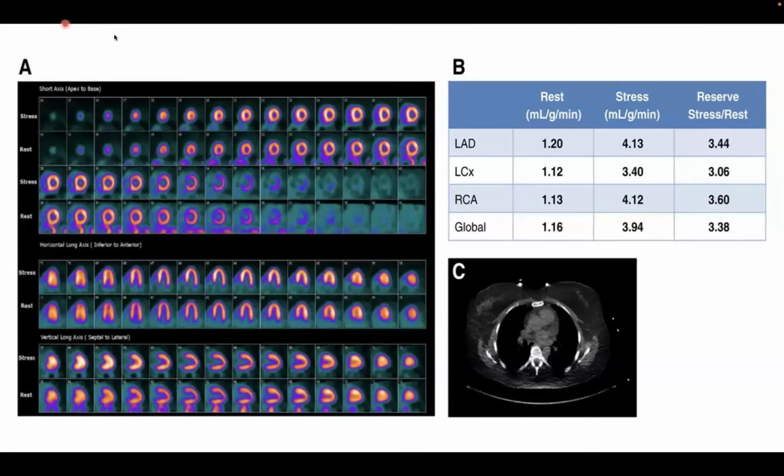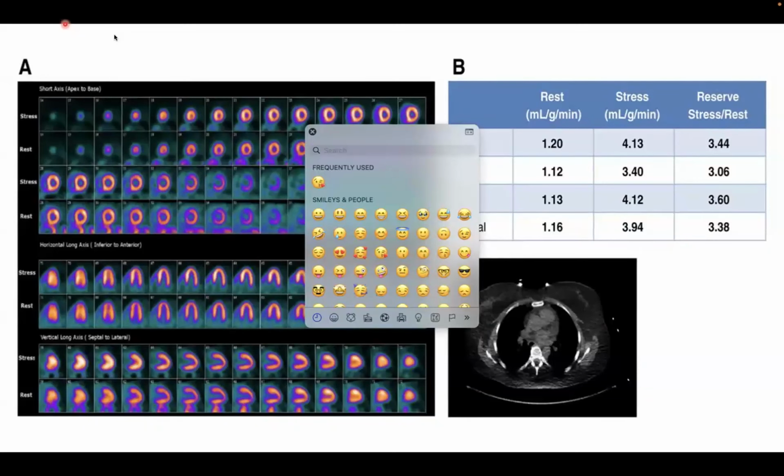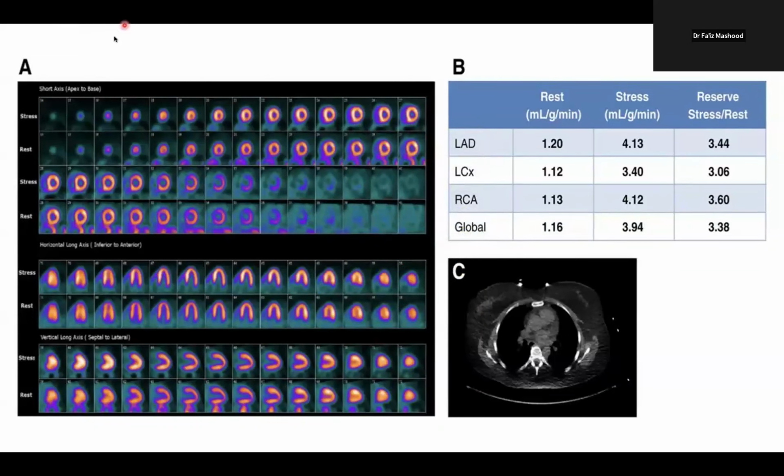The graph that he showed just now is quite interesting, where you have to understand that you don't need to wait until there are ECG changes before you do cardiac imaging or cardiac evaluation. So the scan can be more sensitive compared to echo, and echo is better than ECG.